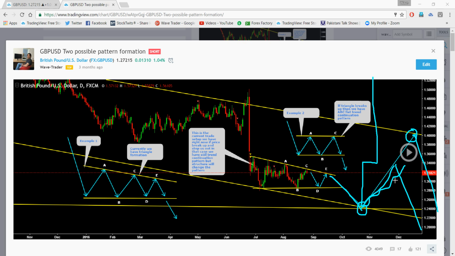Okay, and it can come up to this place. If it does not break down before that, it can come up to this trend line, near that trend line, and we are watching for a breakdown. If price breaks down early, then we're going to look for downside. Okay, so price is rising correctively to the upside.